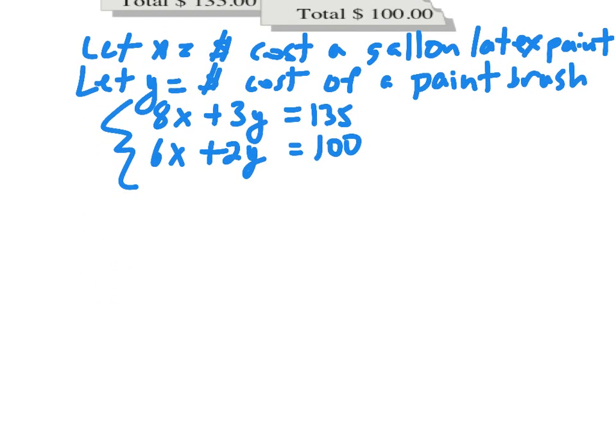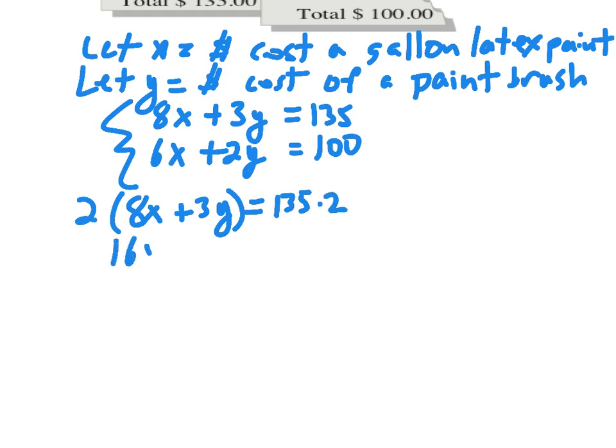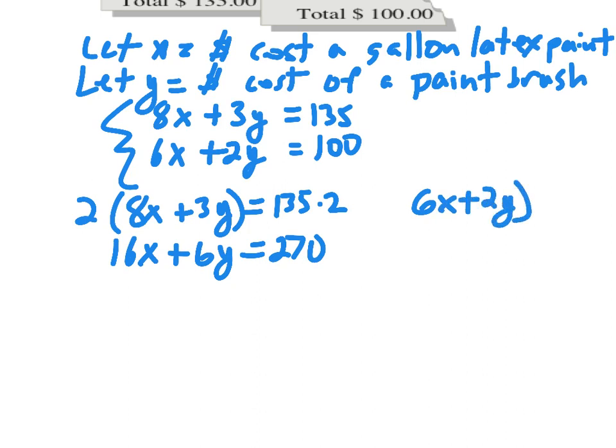I think I'm going to work on the y coefficients. So if I have 8x plus 3y equals 135, I'm going to multiply those by 2 on each side, and that will get me 16x plus 6y equals 270. Let me take the second equation and multiply by -3.